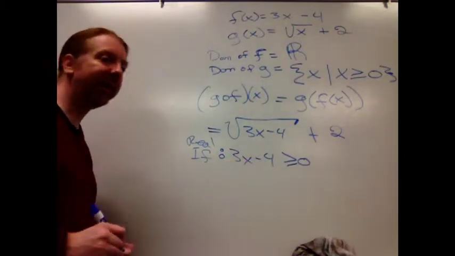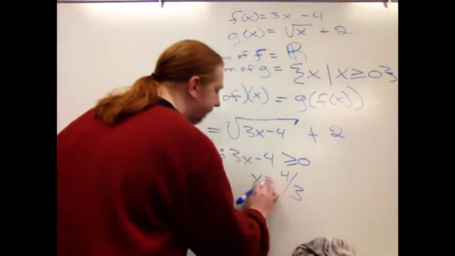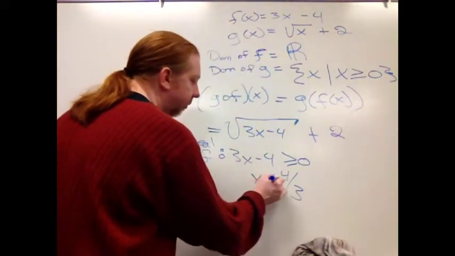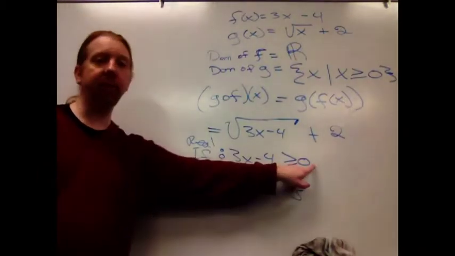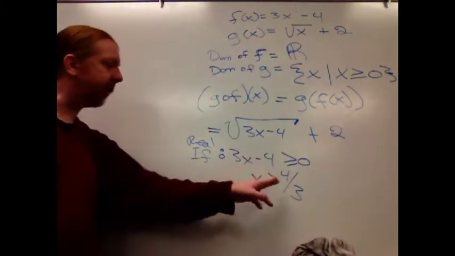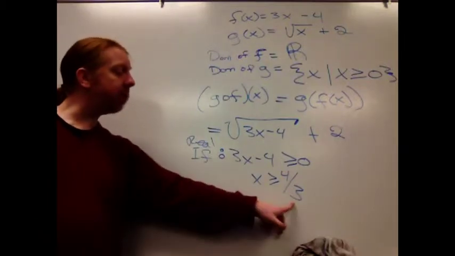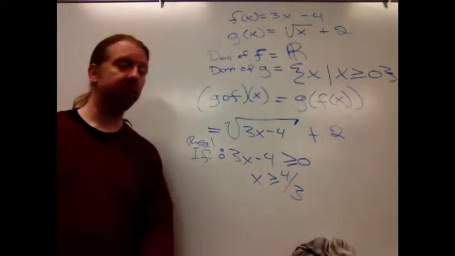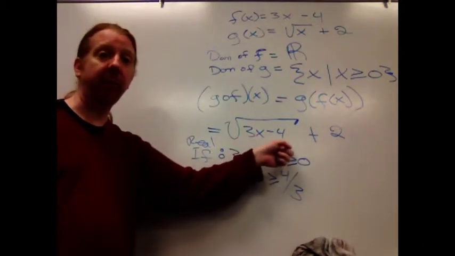When I solve this inequality, I get x is greater than or equal to 4/3. I got that by adding 4 to both sides of the inequality and dividing both sides by 3. Now, if I end up with a number smaller than this, take the number 1, put it in here, that would be 3 minus 4, which is negative 1.